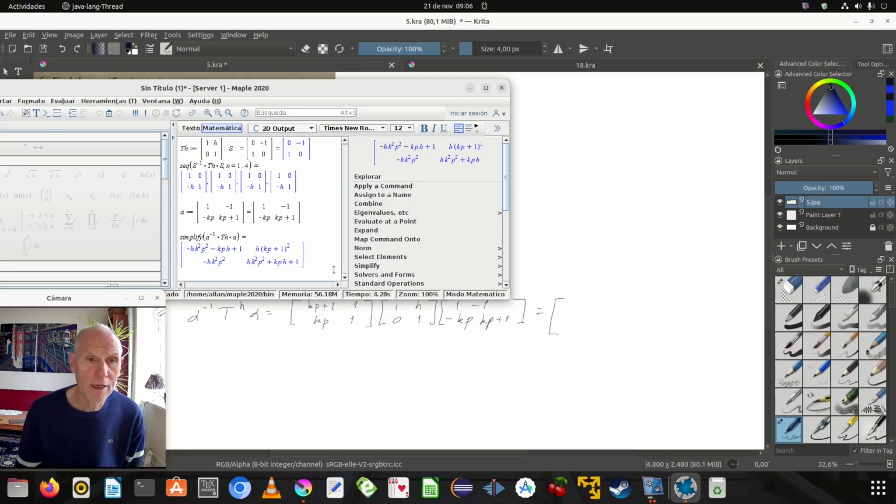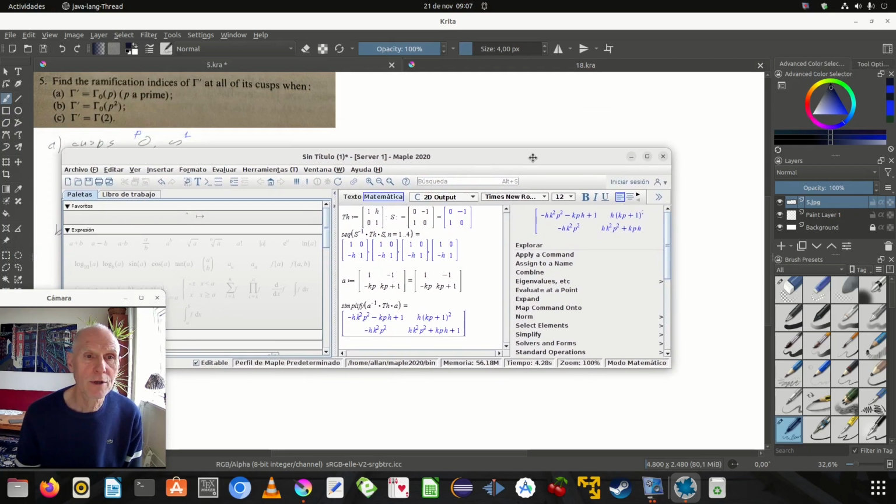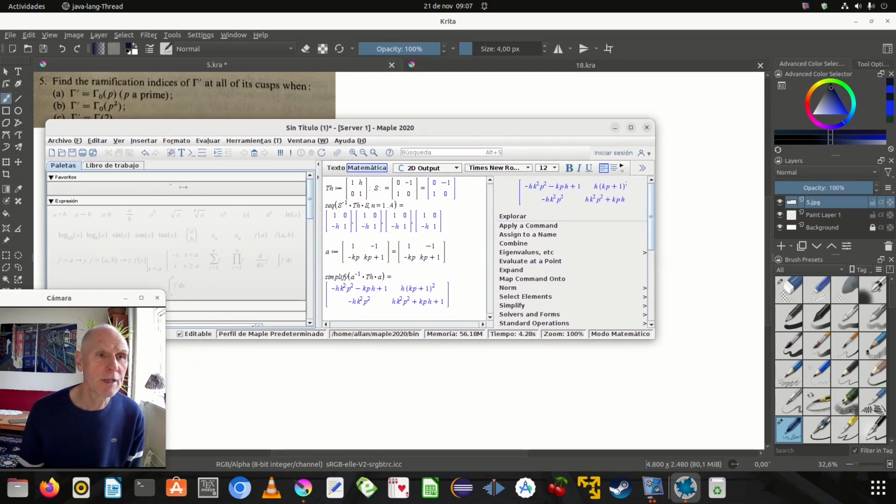Damn it, I can't copy it over and it disappears when I write it. Well, maybe we should not write it. It needs to lie in gamma naught of p squared.